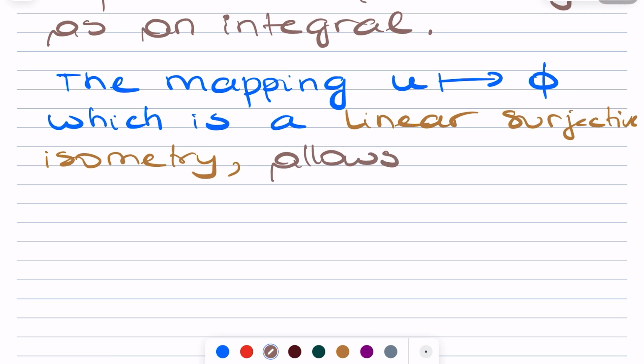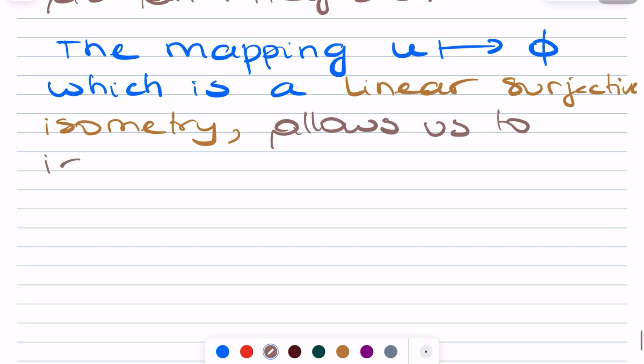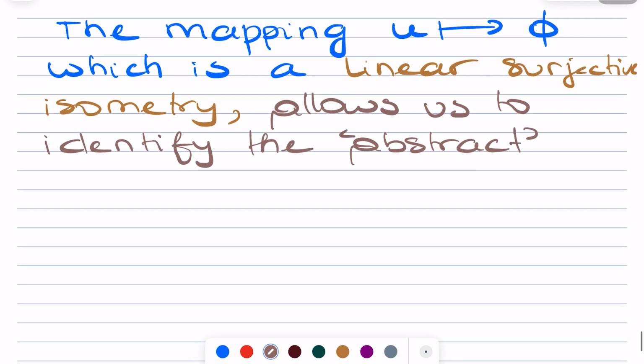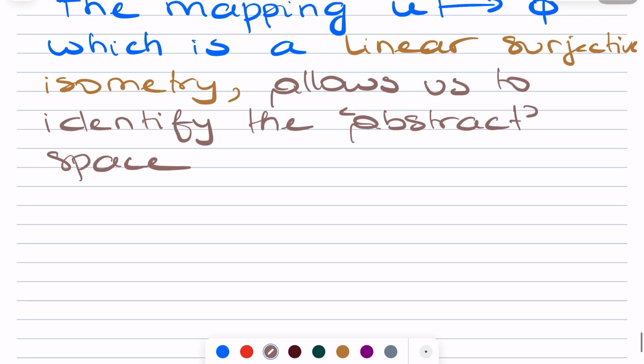Allow us to identify, so to speak, the abstract space LP dual with LP prime.